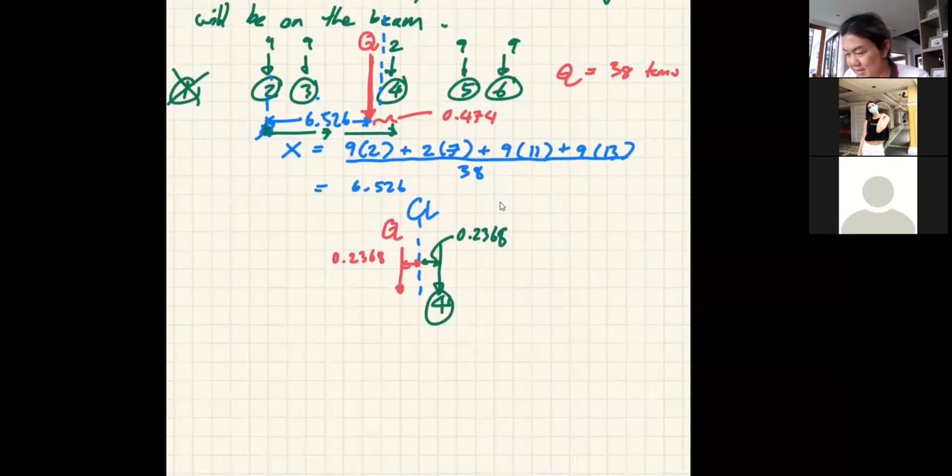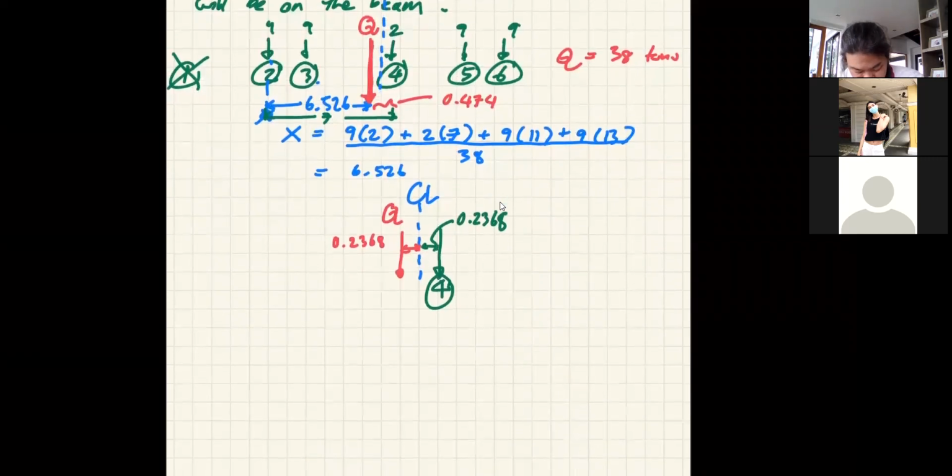So this distance is 10, so load number 4 is at 10.2368 from the left support, or I should say 10.237 is already crazy enough. So let's use only that.